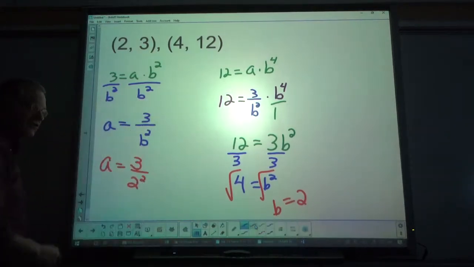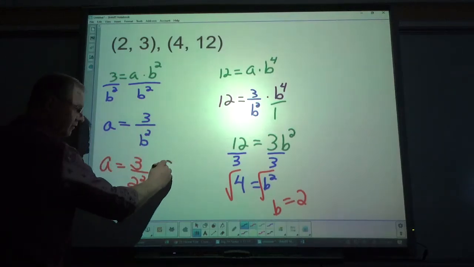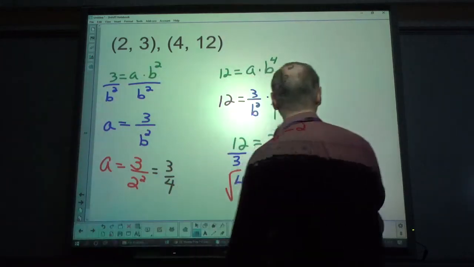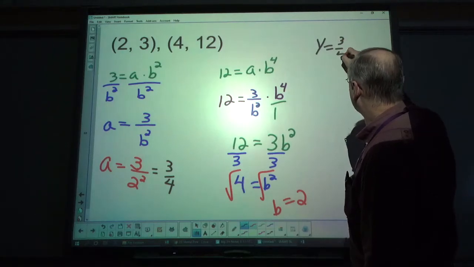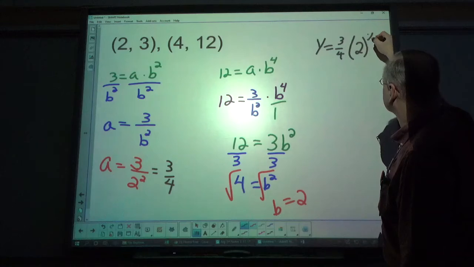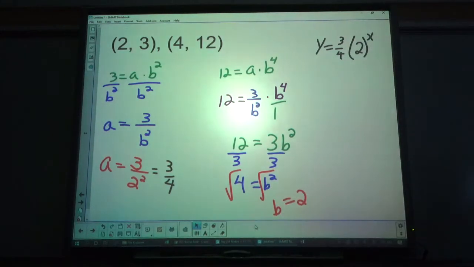Frequently people want to just stop there with 2, but it's 2 squared. 3 over 4. There's my a. So y equals 3/4 times 2 to the x. That's my final equation. That's what I was looking for.